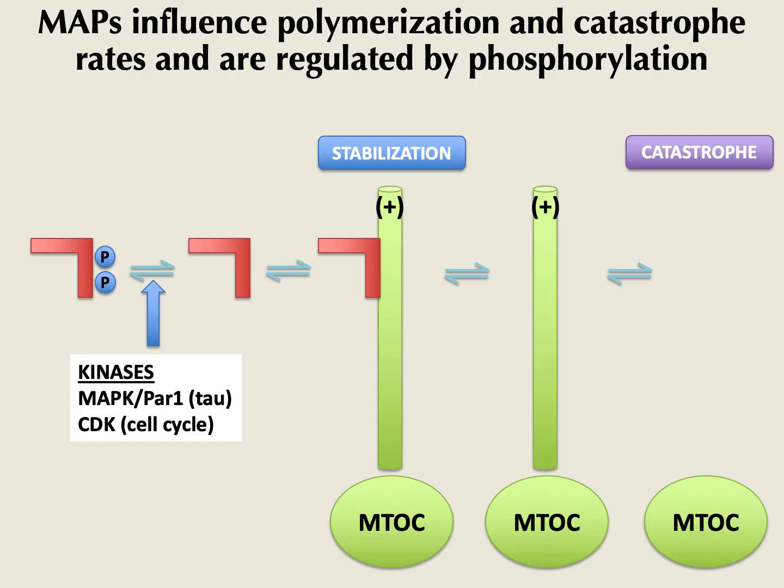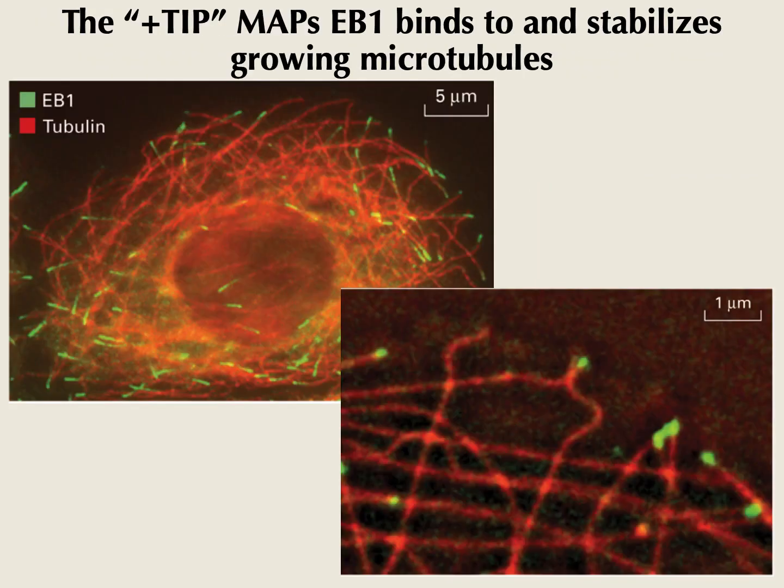Okay, so a very important regulator is these proteins that bind the plus tips, right? Because this is where the business ends. So anything that can modulate that, can stabilize, like I showed you, or promote polymerization versus catastrophes will strongly impact the microtubule cytoskeleton.